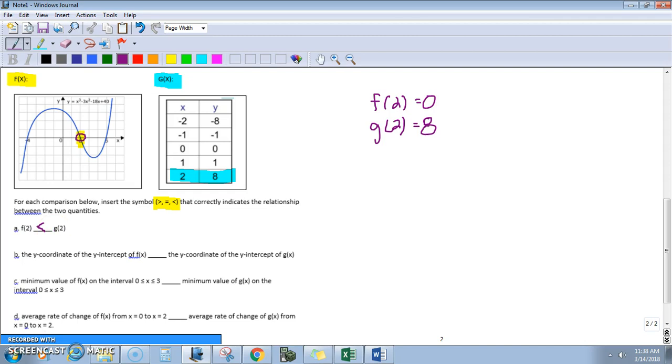Question B says the y-coordinate of the y-intercept of f of x and the y-coordinate of the y-intercept of g of x. Okay, so let's do both of those things. We'll find the y-intercept of f of x, and that's going to be up here at approximately 3.5.